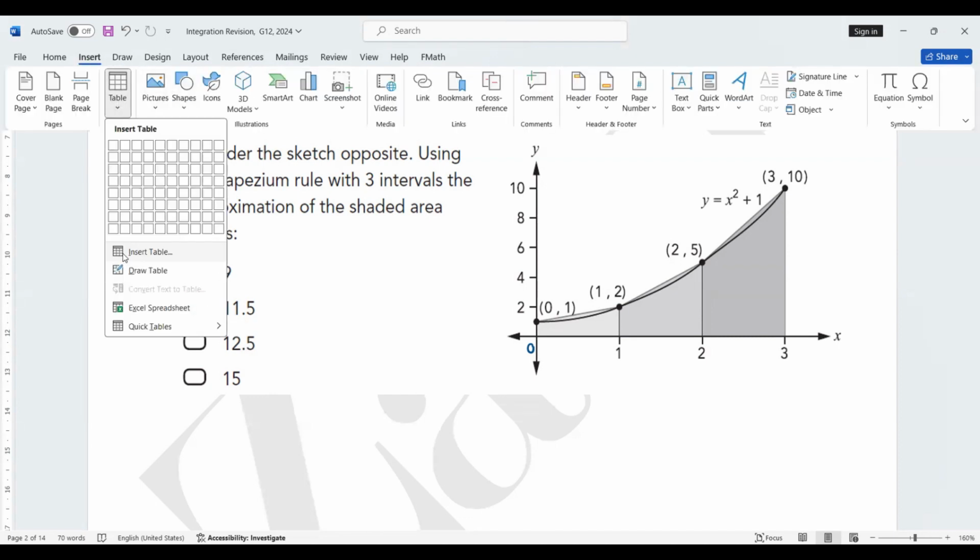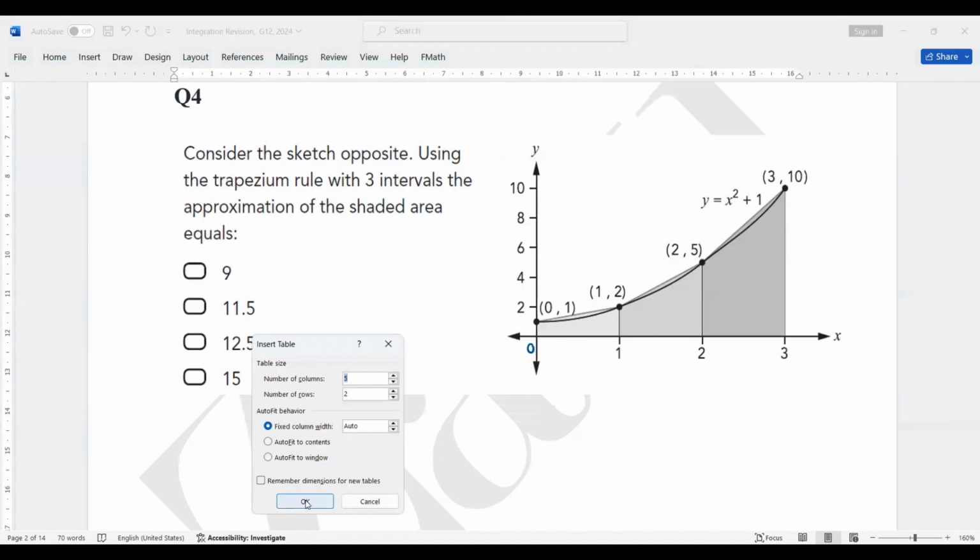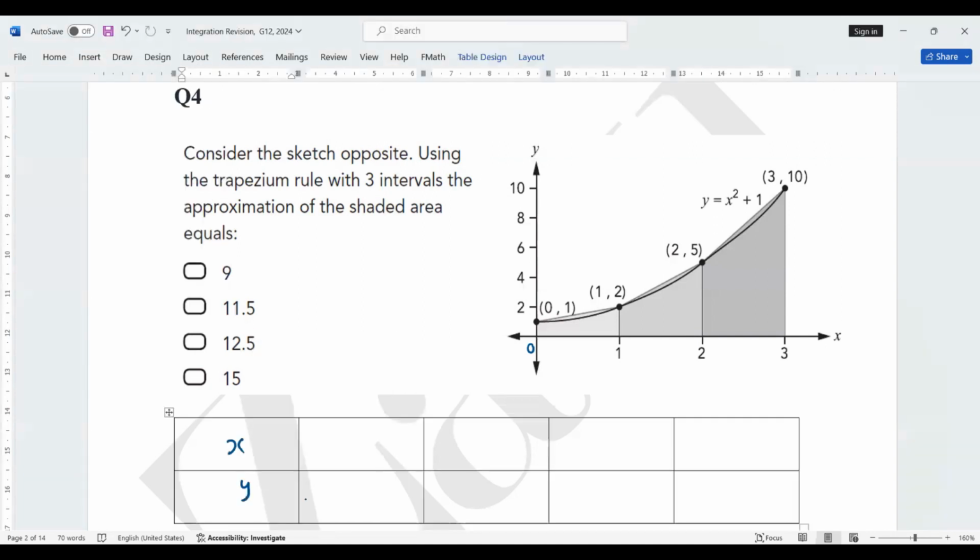So here is x and y. When x equals 0, y equals 1. When x equals 1, y equals 2. When x equals 2, y equals 5. When x equals 3, y equals 10.